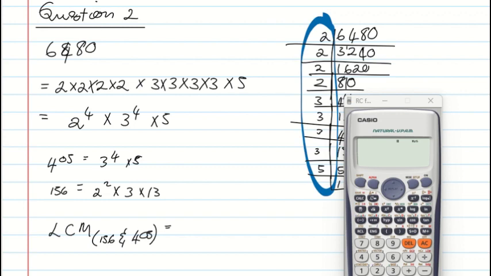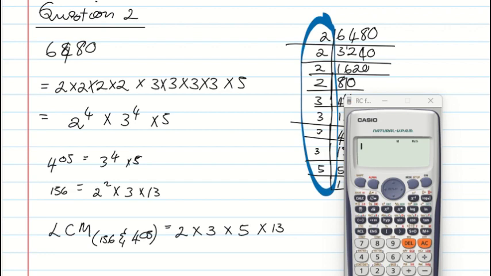That is the secret. And I'm going to apply the secret because knowledge is power. So that means it's 2 times 3 times 5 times 13.